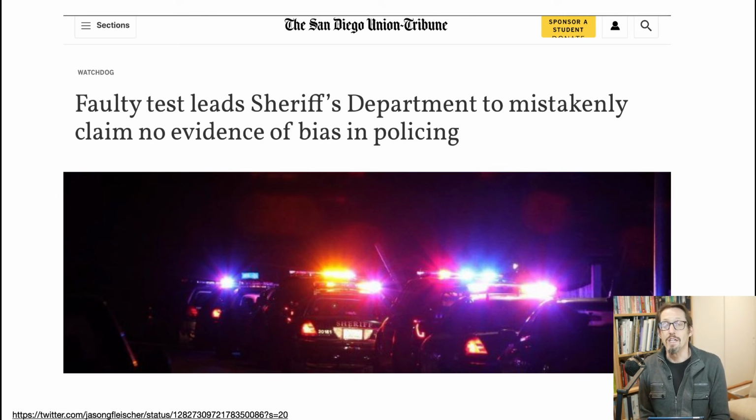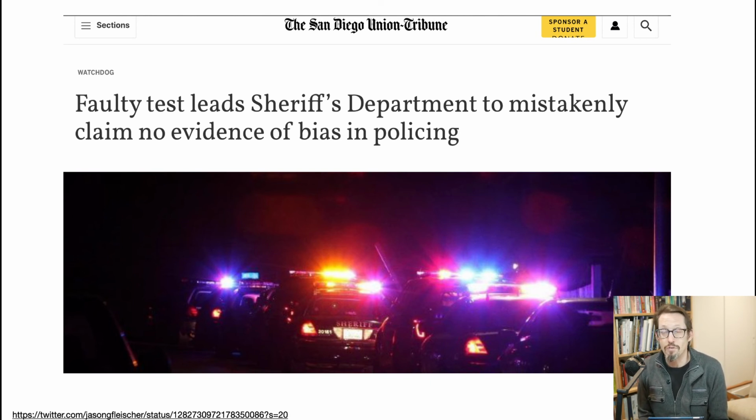So if daytime stops for dark-skinned people are a much higher percentage of the total stops than nighttime stops, if the percentage of dark-skinned people stopped at night gets close to their actual percentage in the population, and in the day it's 20% higher, then that is evidence of racial bias.